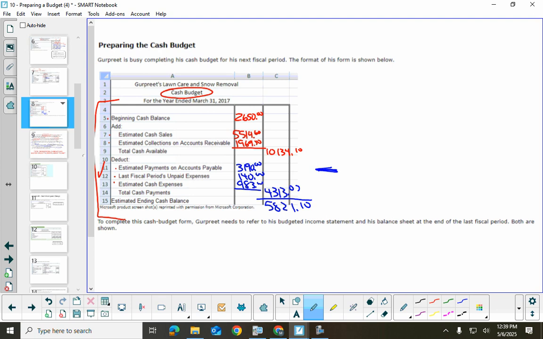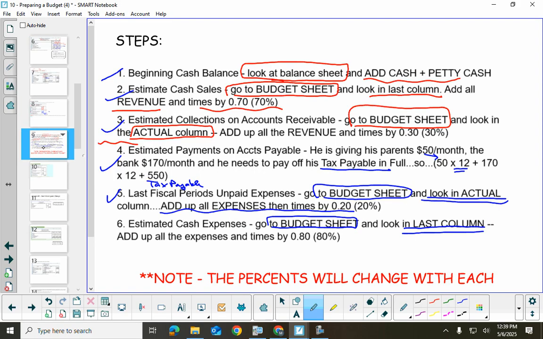So that step by step that we just did, this idea of timesing this and then timesing this and then adding up that, these percents will change with every question that you do, but where you look and find the information stays the same with every question.